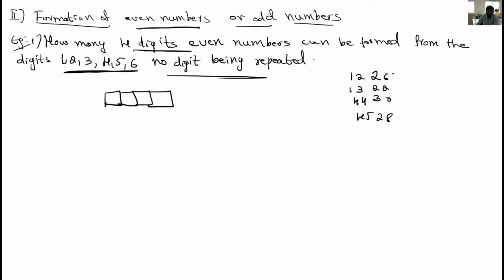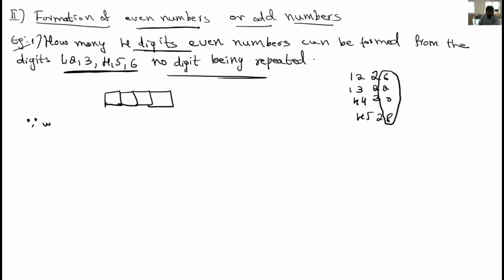What is your observation? See the unit place. Any 4 digit number is said to be an even number if its unit place is an even number. The question is formation of 4 digit even numbers, so unit place can be filled by the even numbers only.